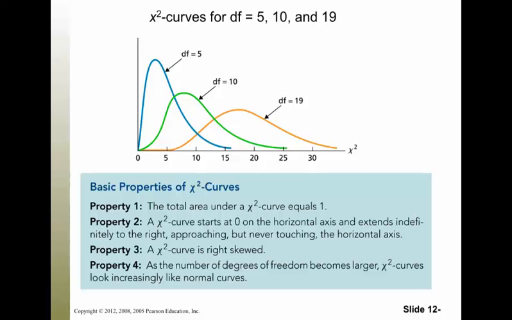It's right skewed, and as the degrees of freedom become larger, the curve becomes increasingly more normal.